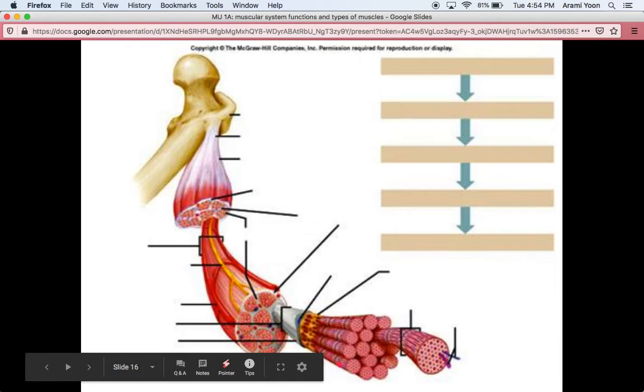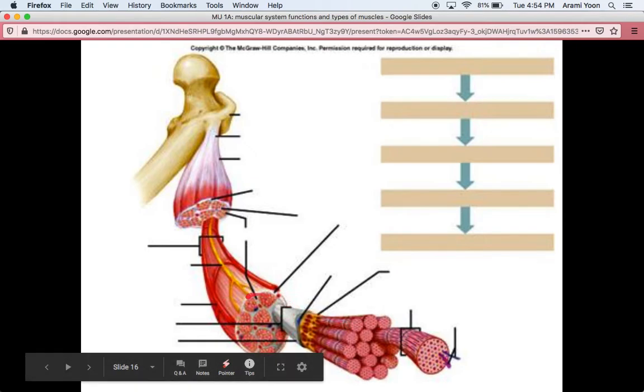What's not pictured are the nuclei that would be part of this. Now take a bunch of these muscle cells and bundle them up and wrap them up in perimysium. And that would be a fascicle. My bad. This is the muscle fiber.